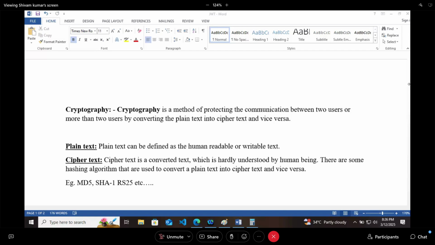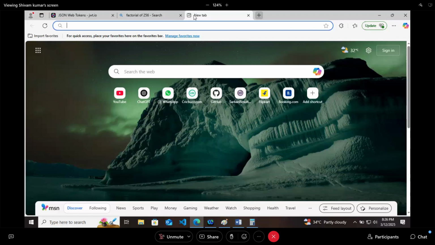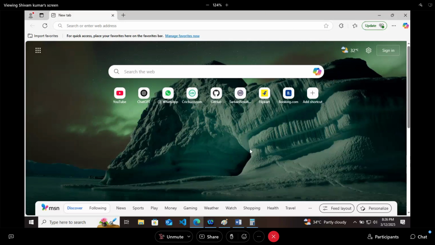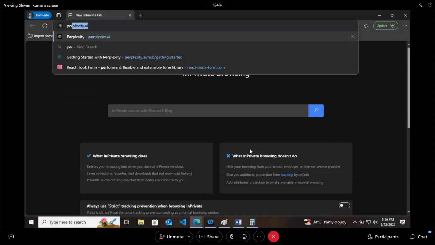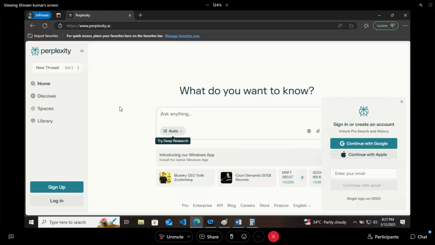If you want to read the documentation, let's say I will pick Java. First you have to go to any particular source, let's say ChatGPT, Perplexity, or any. So let's say we went to perplexity.ai. This is also like ChatGPT only.